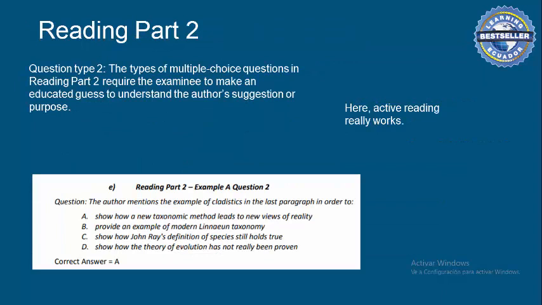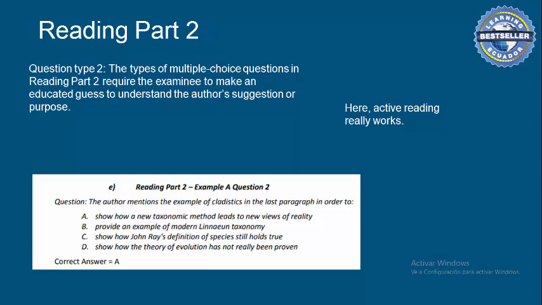Question type 2 for reading part 2. The types of multiple choice questions in reading part 2 require the examinee to make an educated guess to understand the author's suggestion or purpose. And this is what it looks like. Okay?